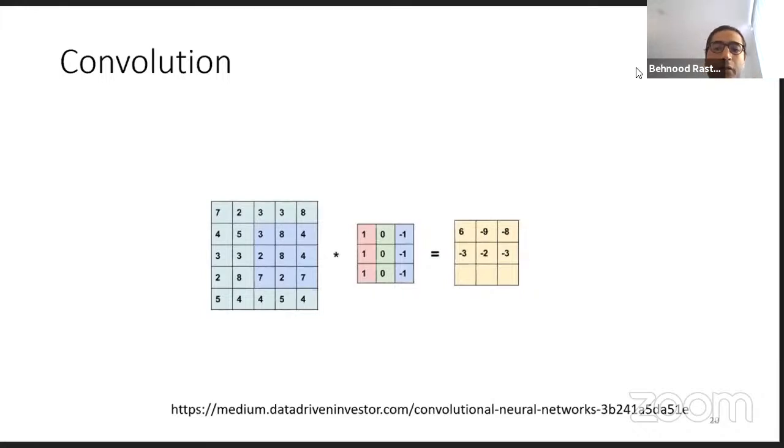Yeah, basically one of the reasons is to extract the spatial information, and that's the main power that comes from this convolution. And also you get fewer parameters compared to a fully connected neural network. And also convolution is translation invariant, which is very important in some applications like object detection, for instance.